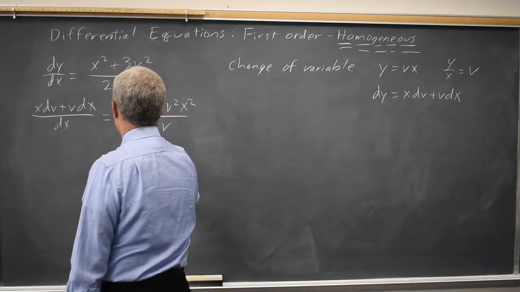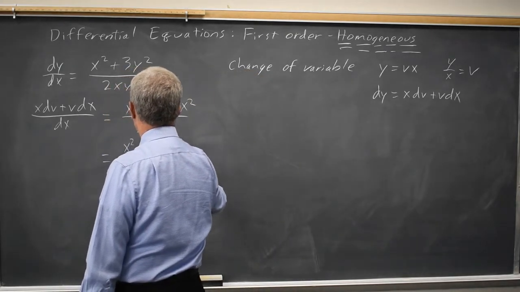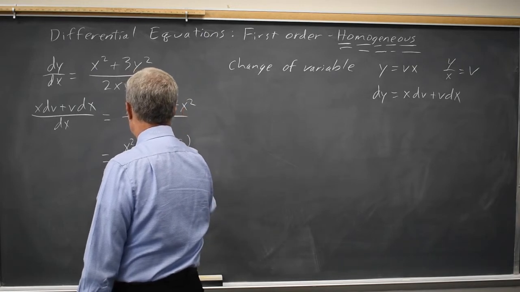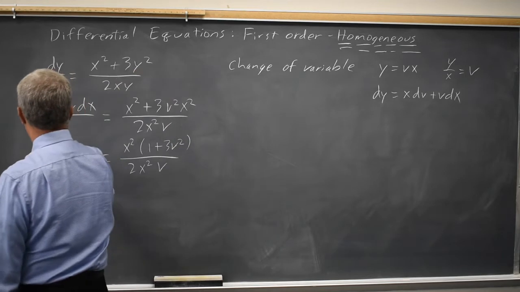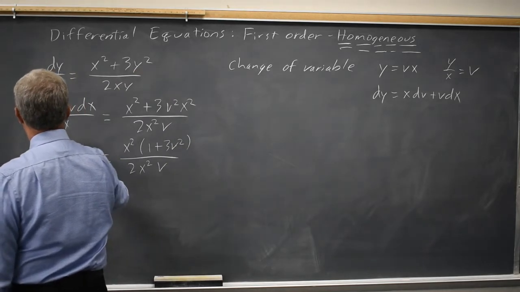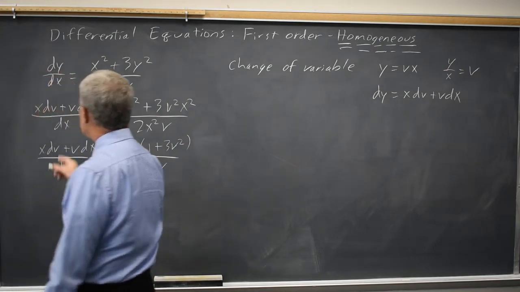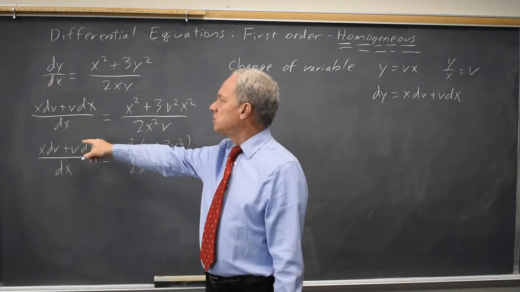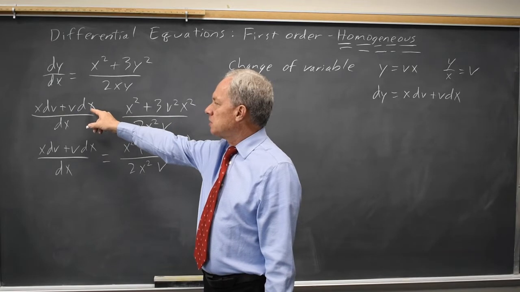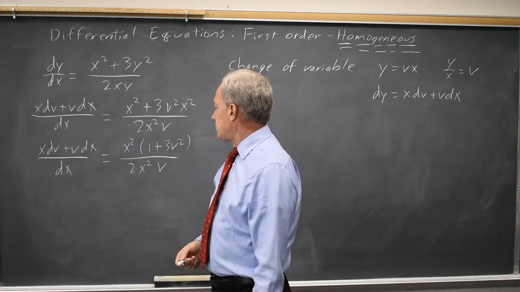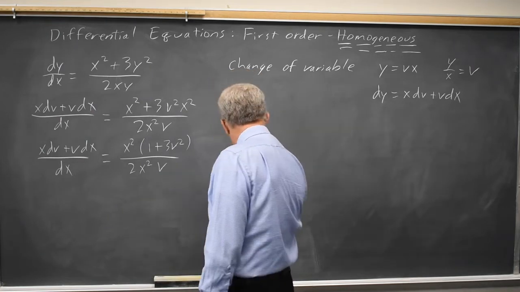So that's x squared times 1 plus 3v squared over 2x squared v. And on the left I have x dv plus v dx over dx. Do not separate these terms. Do not try to simplify v dx over dx as plain v. Just leave it as is until we simplify the right-hand side.